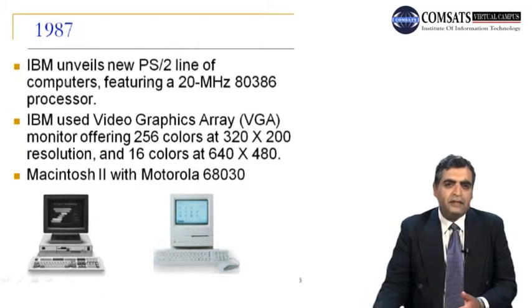The reason is the underlying hardware. The Apple Macintosh uses the Motorola 68000 series, while IBM uses the Intel 386 processors, so they are not compatible with each other. That is why the software of one machine cannot be run on the other machine.